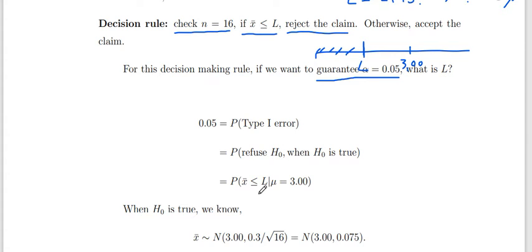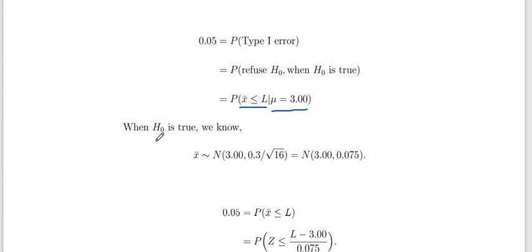We reject H0 when H0 is true, so rejecting H0 is when X bar is less than L. When H0 is true, meaning mu equals 3.00, we know the distribution for X bar is normal with mean 3.00 and standard deviation 0.075.